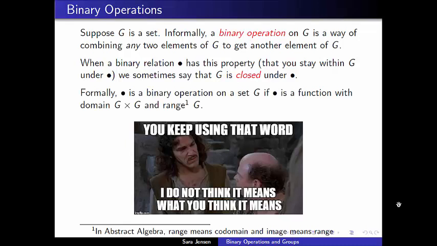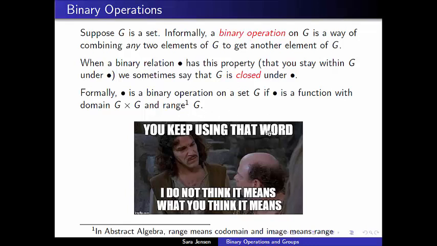Moving from an informal definition to a formal definition, formally, dot is said to be a binary operation on the set G if dot is a function that has domain the Cartesian product of the set with itself, and range equal to the original set.